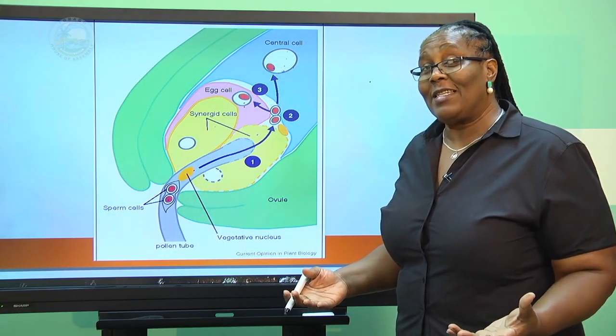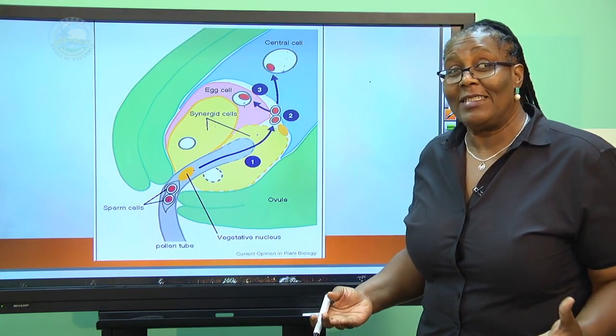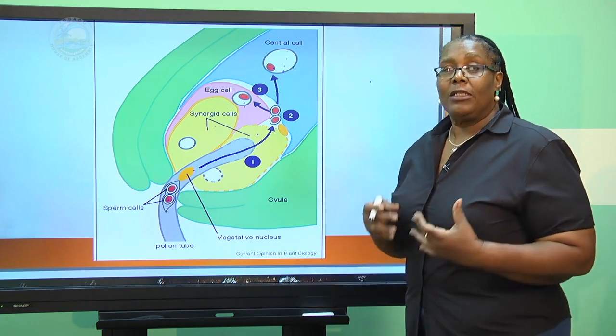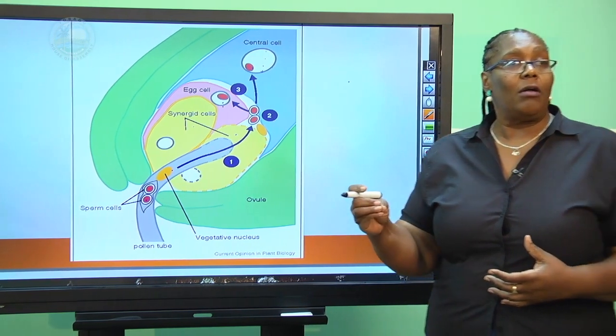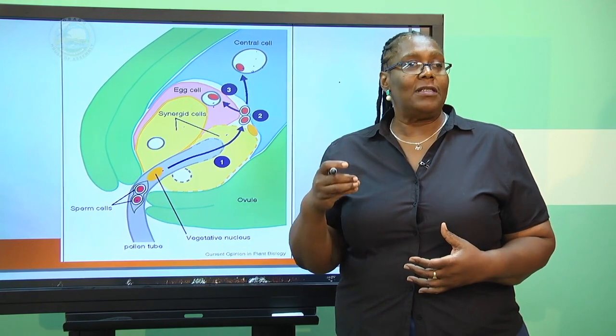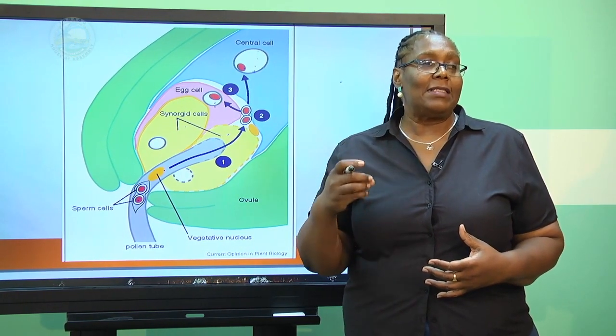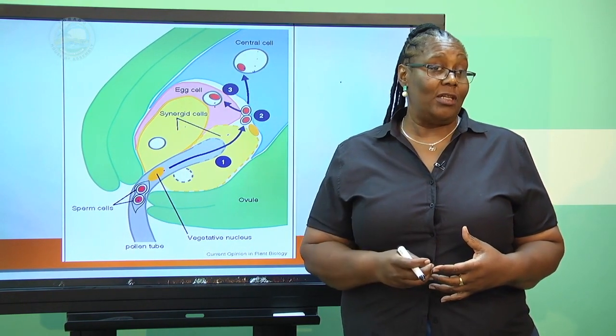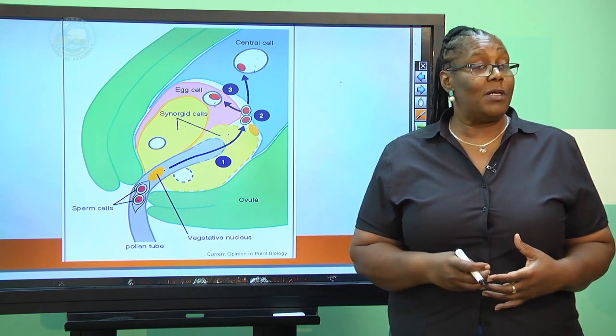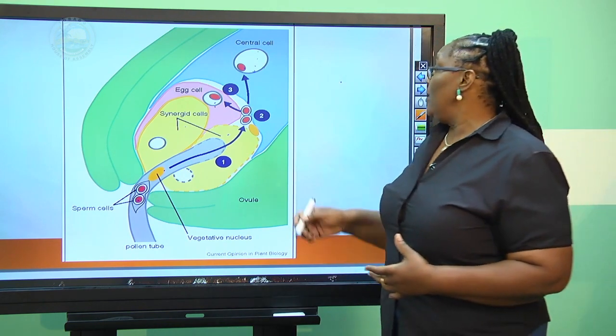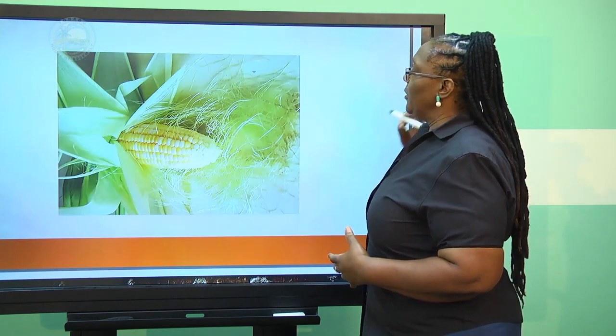We all know the process of making its own food is photosynthesis, correct? So until that plant gets above ground and it can photosynthesize, something has to supply it with energy. And here is where the endosperm or the cotyledon come in. They will supply it with energy.